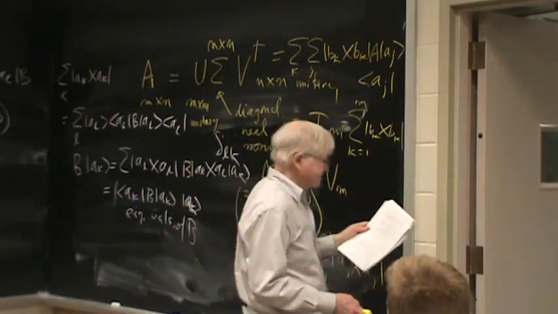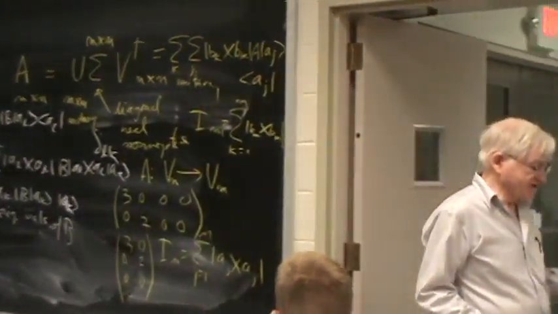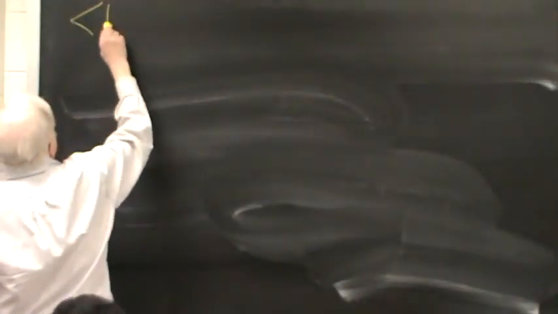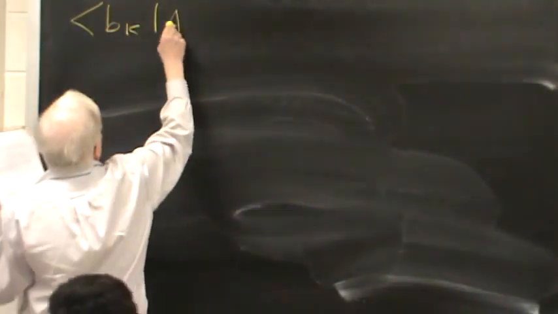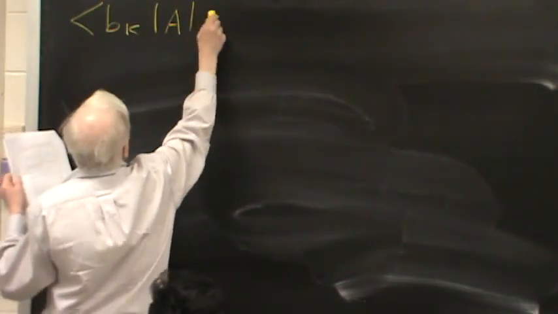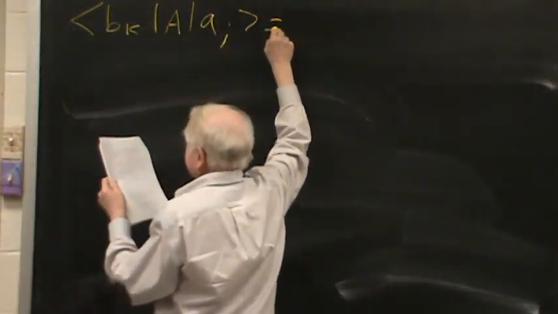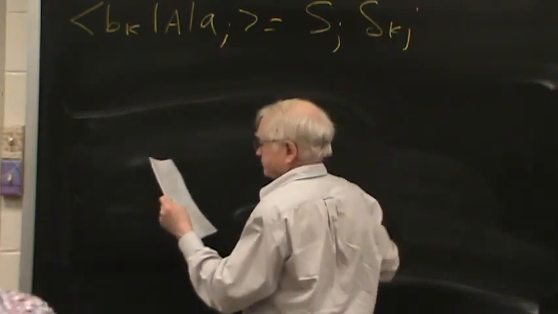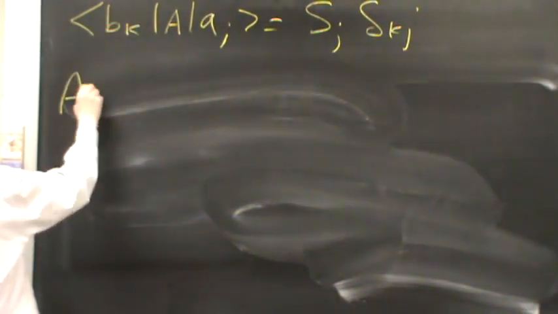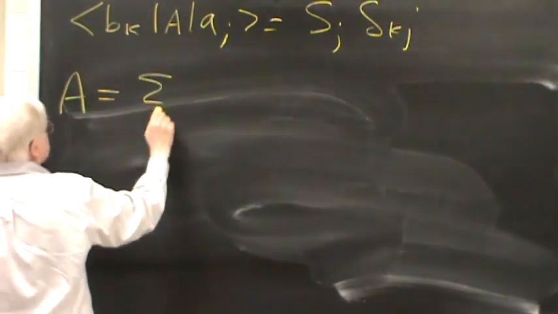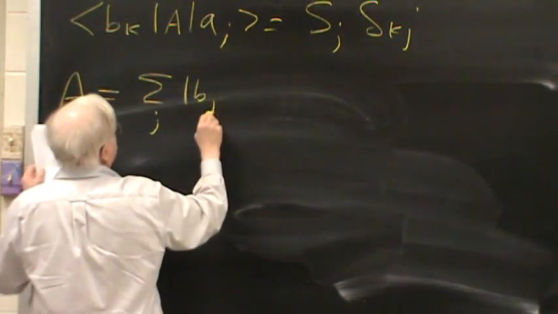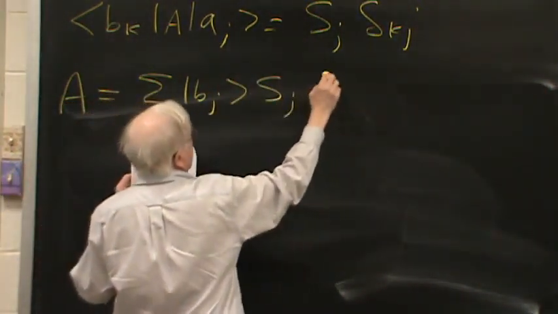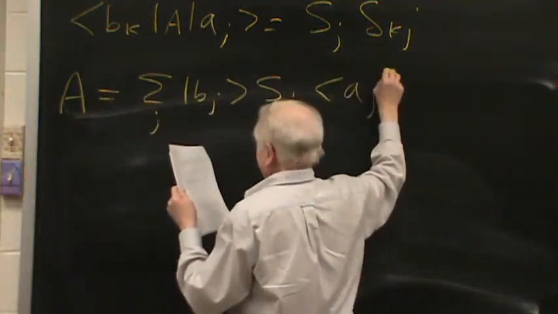So it's a choice of special basis, and what is the choice of special basis? The special basis is such that ⟨bk|A|aj⟩ is some number sj delta kj. And of course, in that case, we can write A as a sum on j, |bj⟩ sj ⟨aj|.